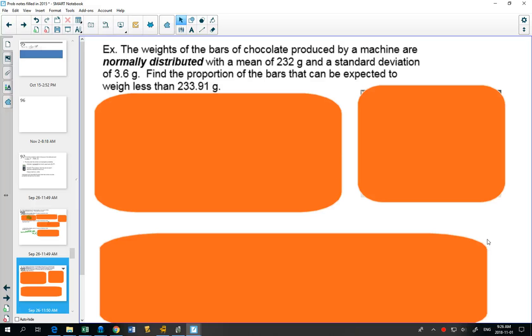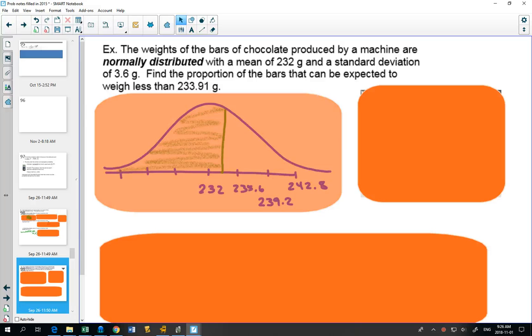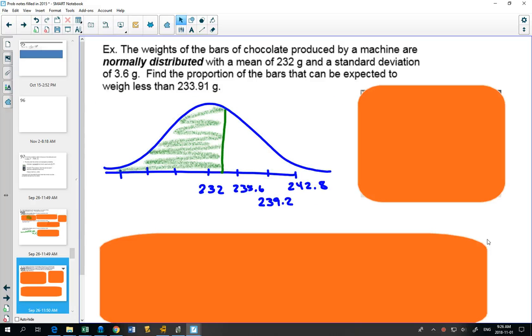Find the proportion of bars that can be expected to weigh less than 233.91 grams. Just a random decimal number there. So we can draw our normal distribution. This time, 232 is our mean.